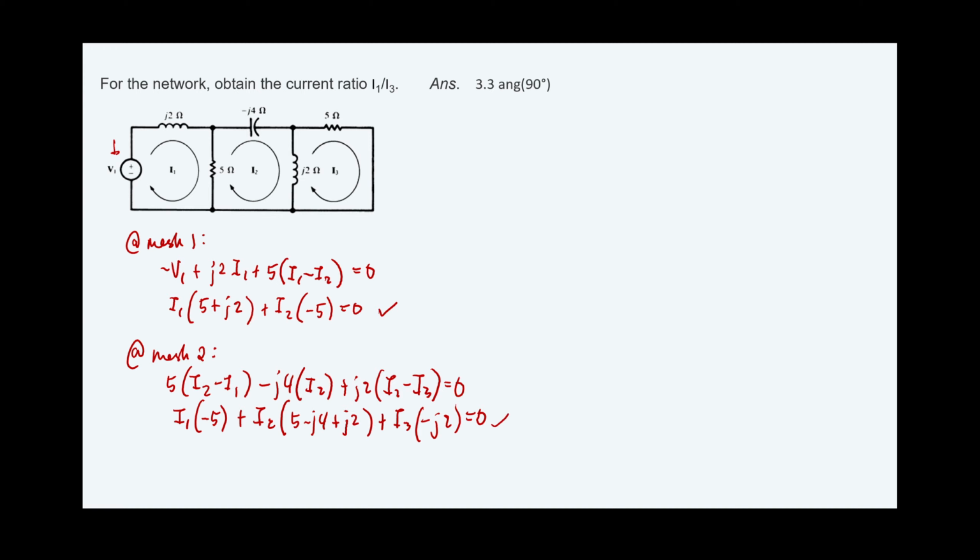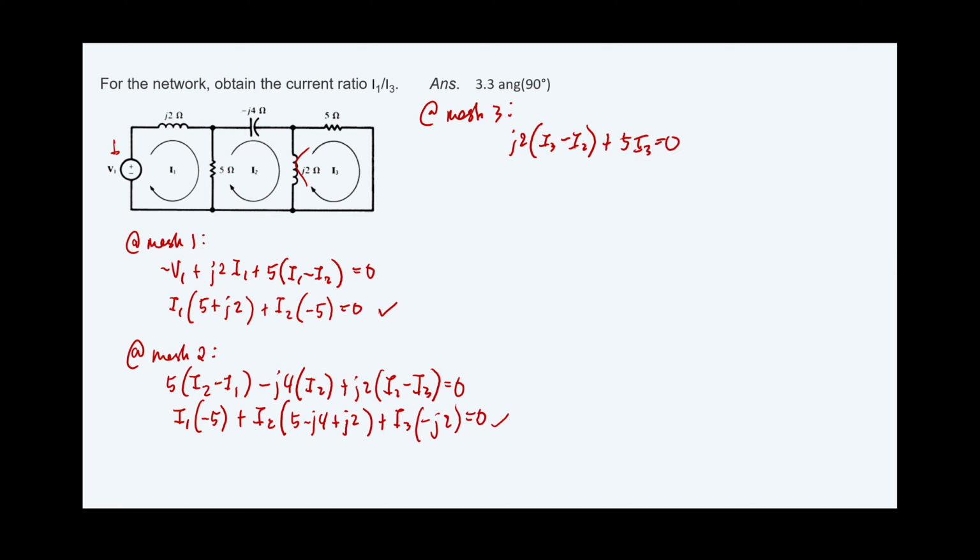Then at mesh 3, you have I3 passing through. We have j2 times I3 minus I2, plus 5 I3, equals 0.